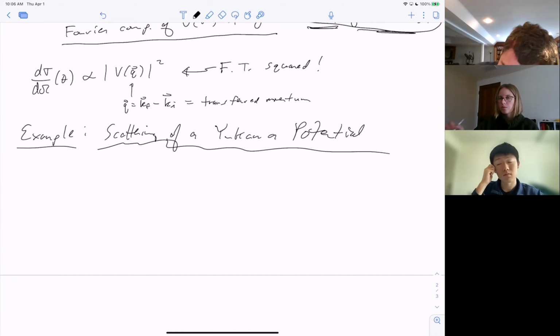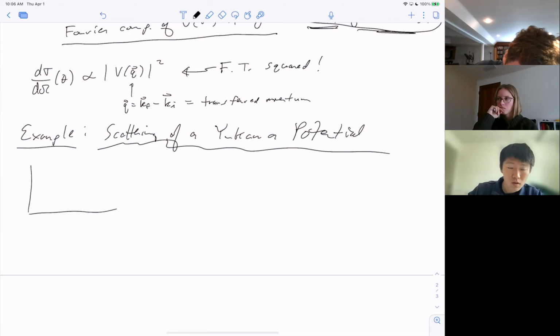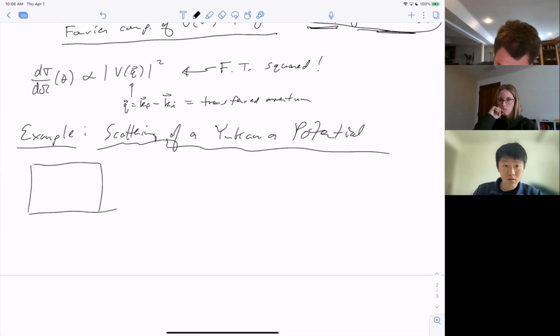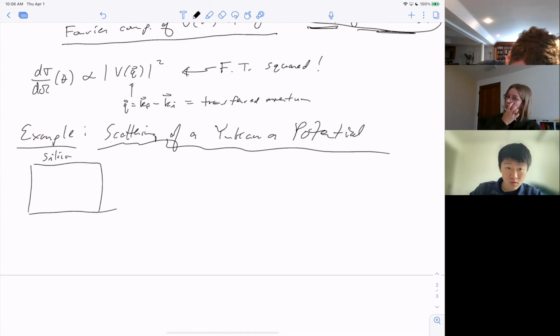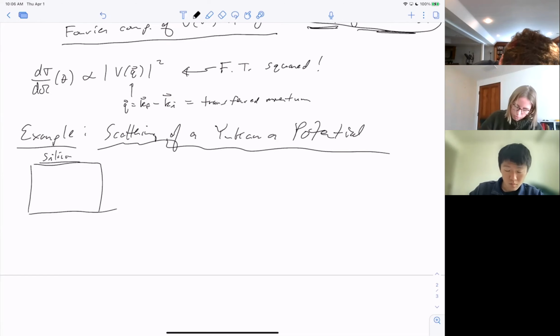So the idea of a Yukawa potential is like, suppose I have a crystal. Since I'm a solid state physics guy, let's consider crystal silicon, and then let's put an impurity in there, say a phosphorus atom.